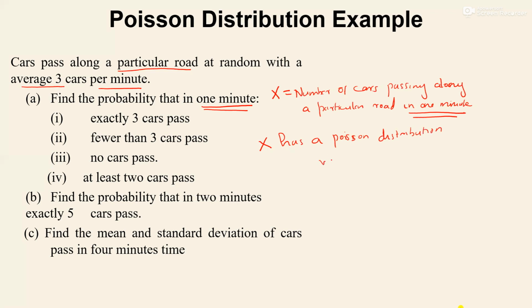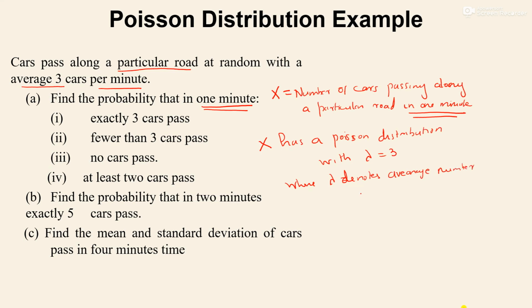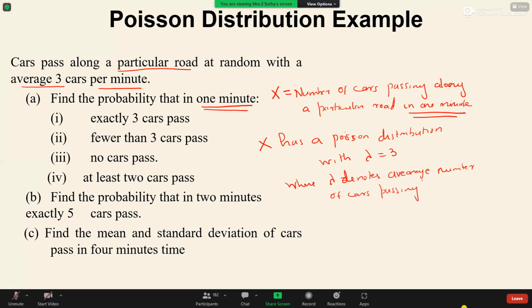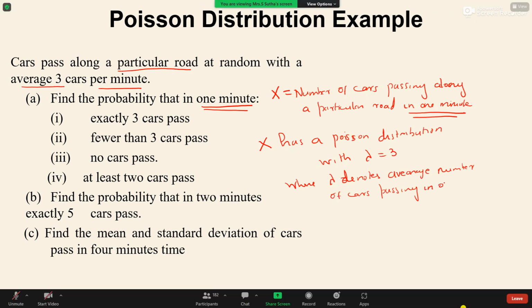Poisson distribution with lambda equals 3, where lambda denotes the average or mean number of cars passing along a particular road in 1 minute.